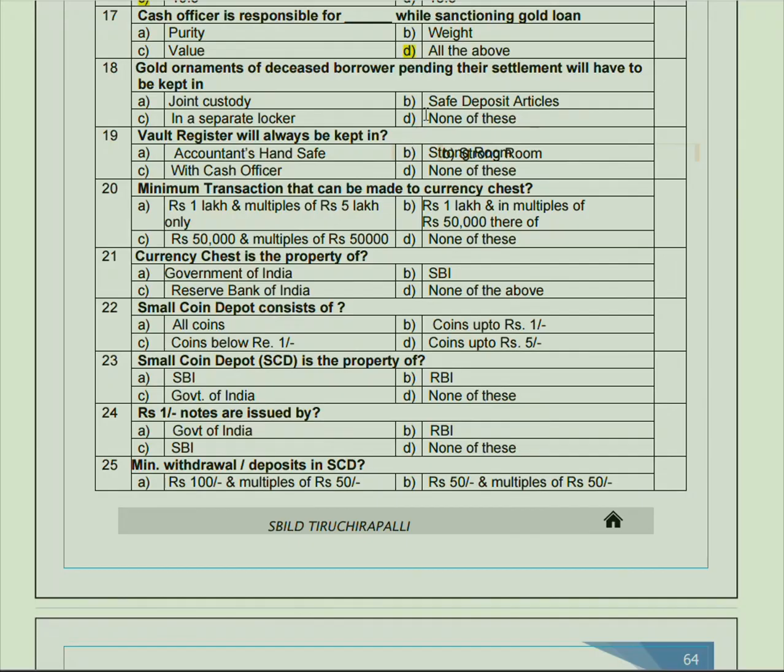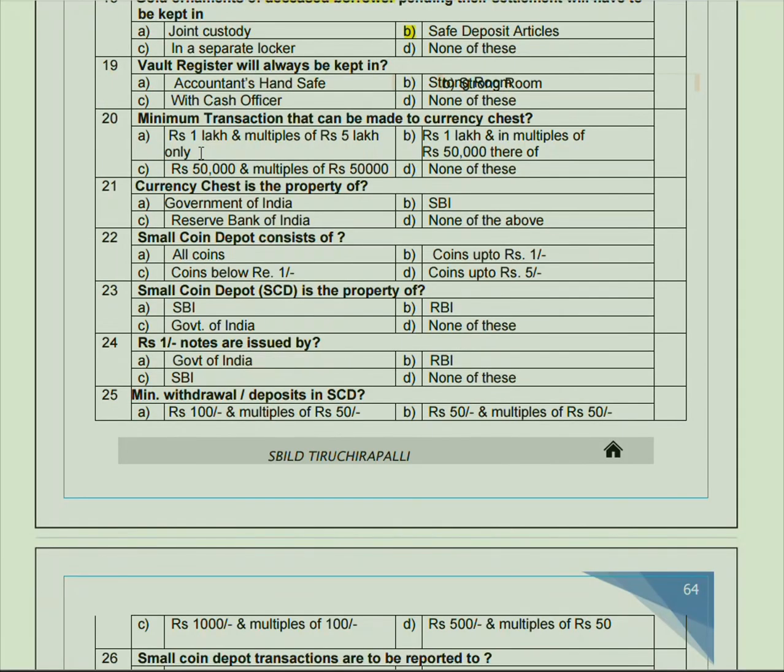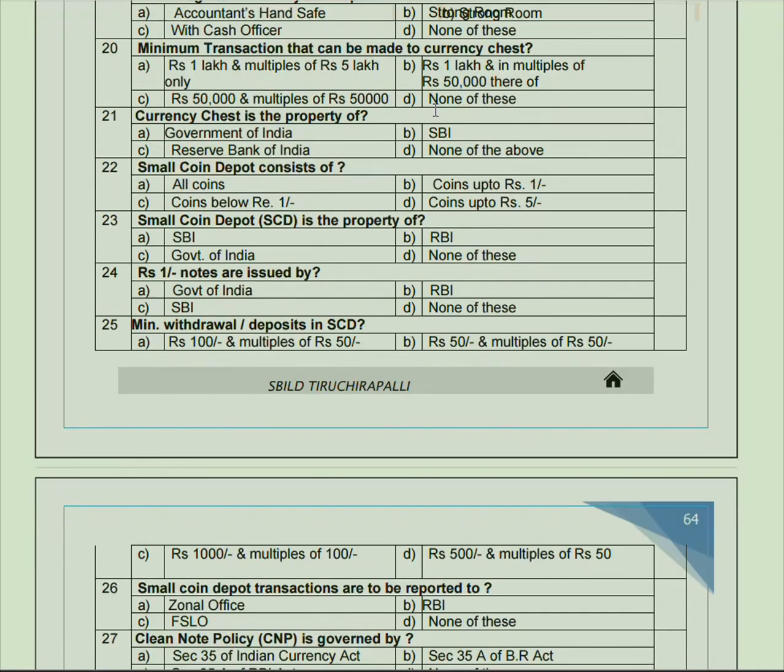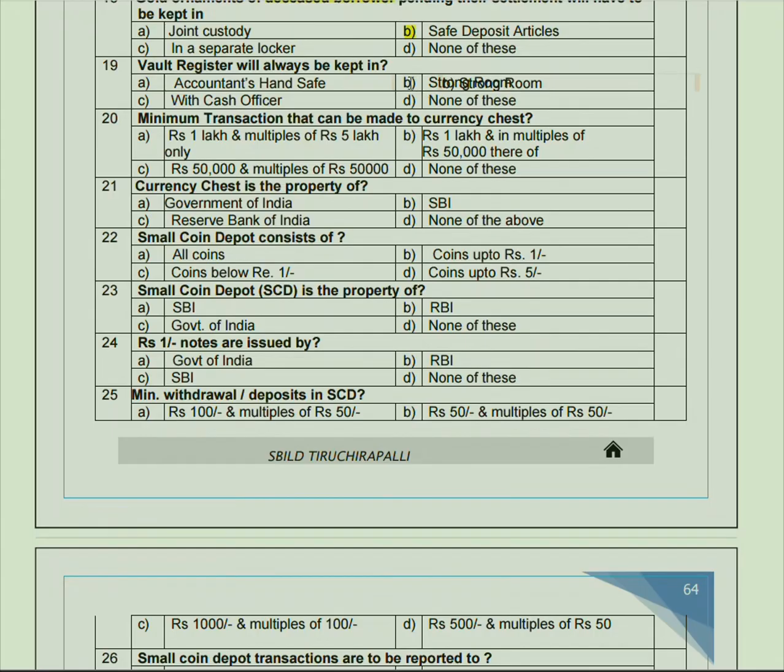So it will be kept in safe deposit articles. So deceased borrower gold ornaments will have to be kept in safe deposit articles. Vault register will always be kept in. So vault register will be kept in strong room.